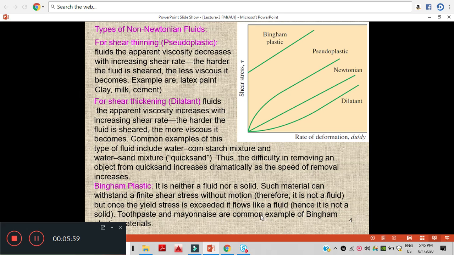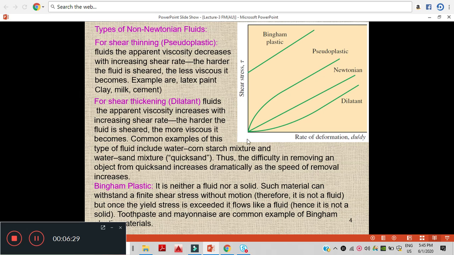We all know, because whenever we take toothpaste, it doesn't come out by itself unless we apply a particular shear stress on it. Once the shear stress is greater than the yield stress, the fluid comes out. So to move such kinds of fluids, we need to apply some shear stress. Without that shear stress, those fluids don't move.